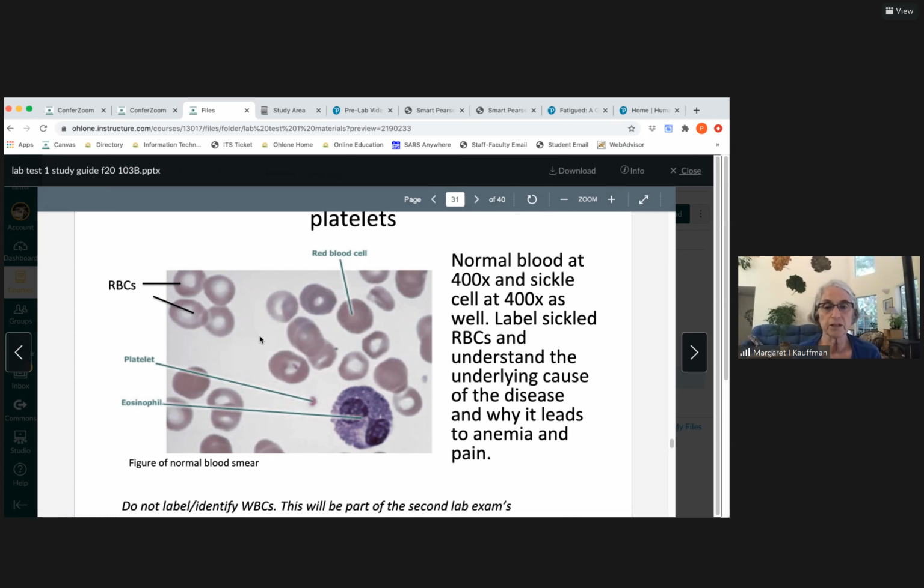So we will be talking about anemia today in the lab a little bit more because there are various types of anemia. But if you had to define the word anemia, it would mean that you would have low oxygen carrying capacity of your blood. Most often people think of anemia as a low red blood cell number, but there can be other reasons for anemia that don't involve a drop in red blood cell number.